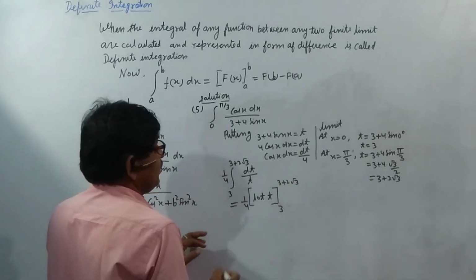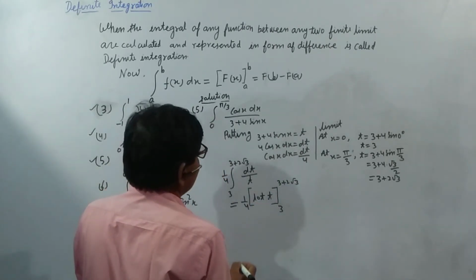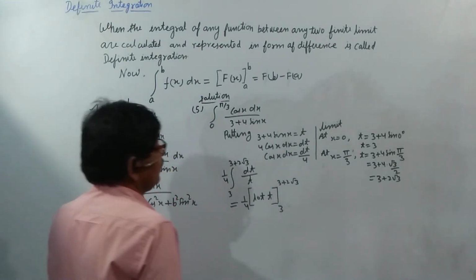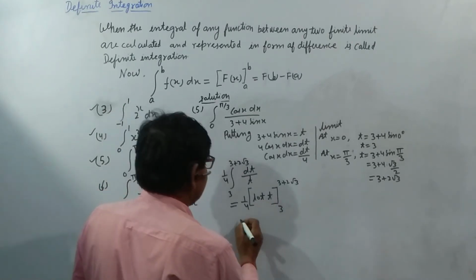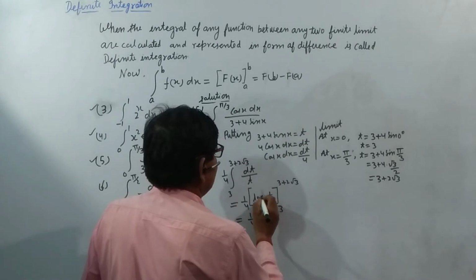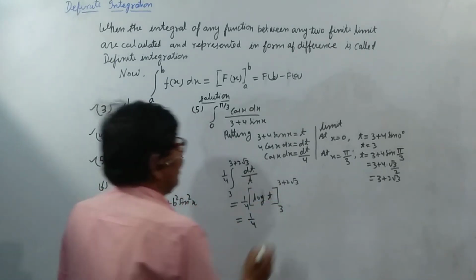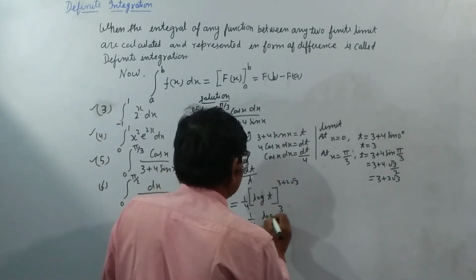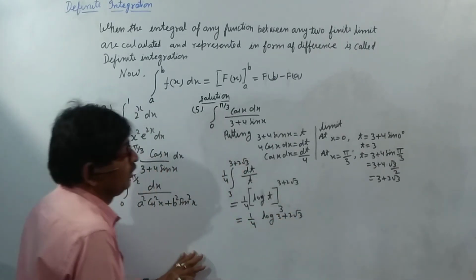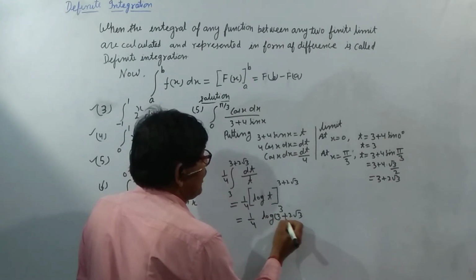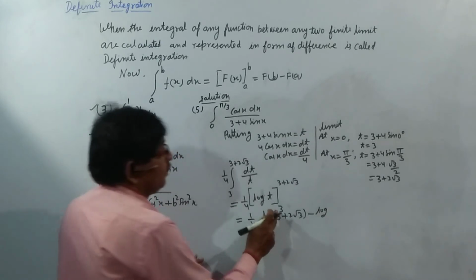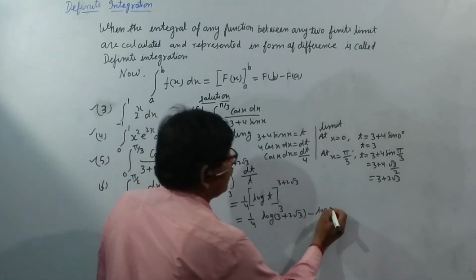Putting the upper limit and the lower limit, this is equal to 1 by 4 times log of (3 plus 2 root 3) minus log 3.